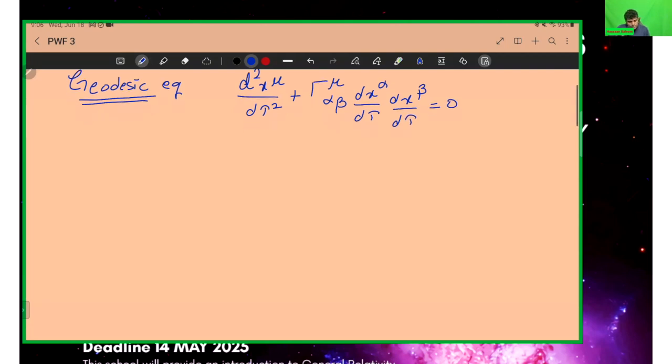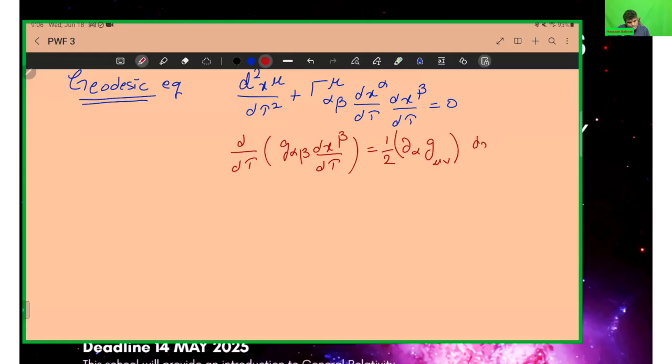The other form is like this, and I did write this form in the last lecture as well. So we're going to use this form of the geodesic equation.